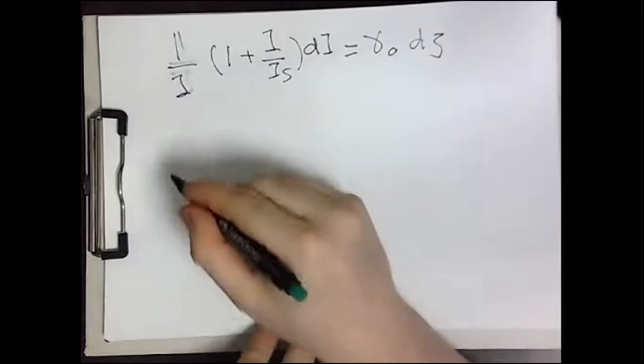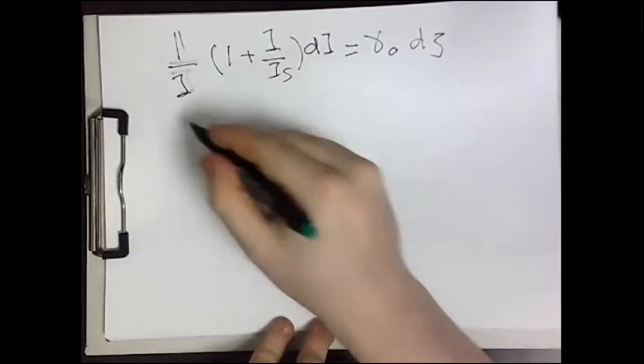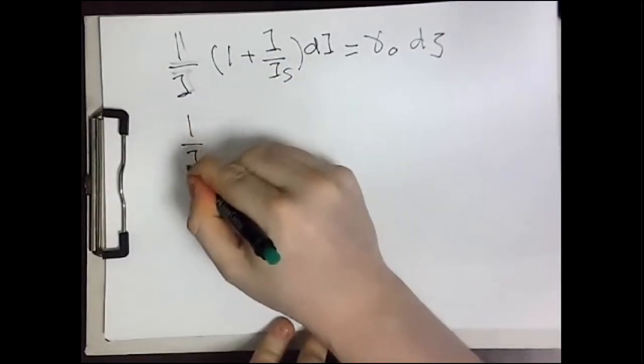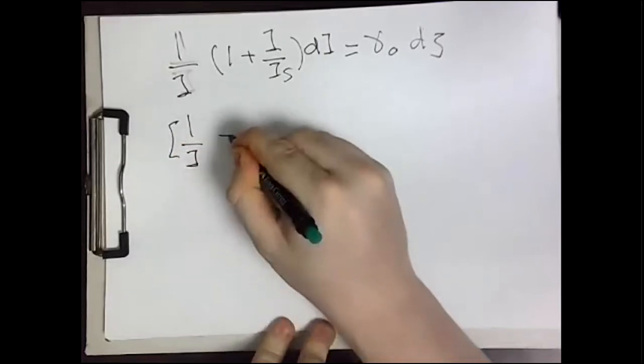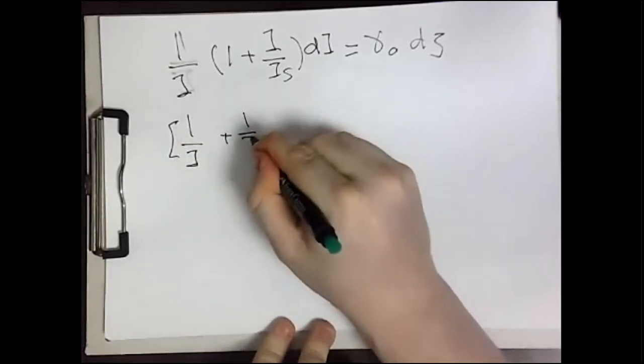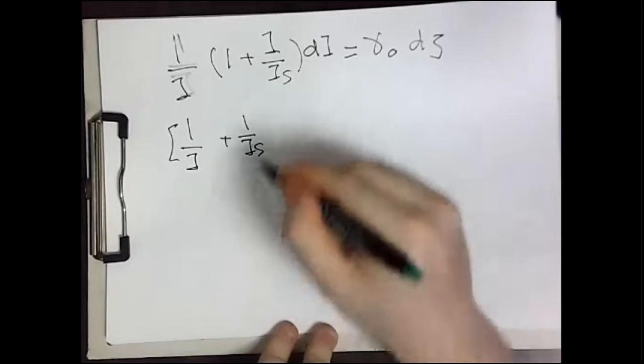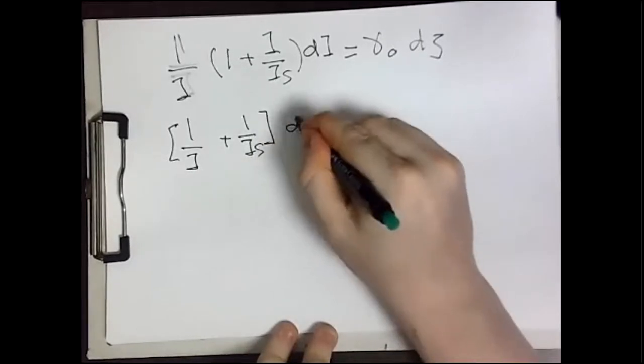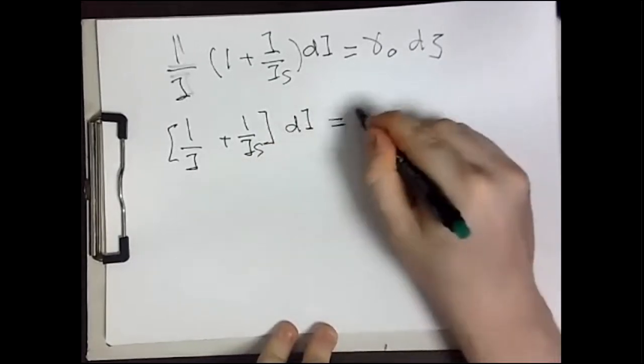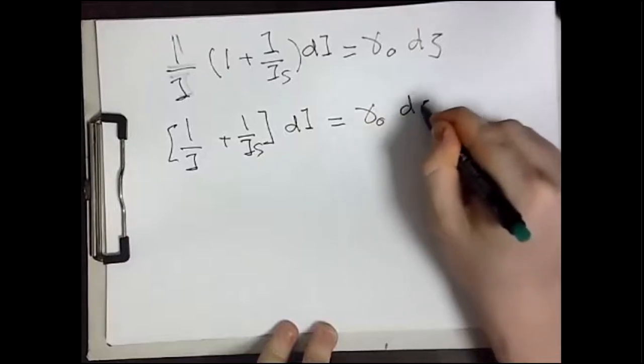So 1 over I, let's multiply by the bracket. So 1 over I plus 1 over Is dI equals gamma0 dz.